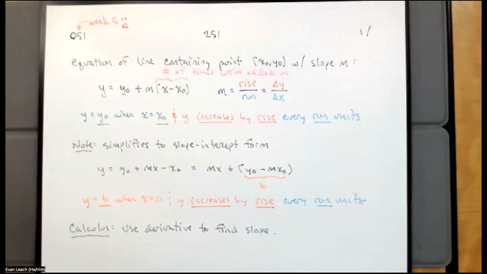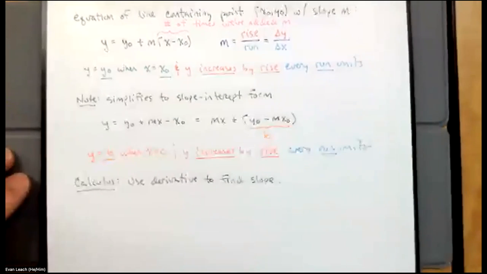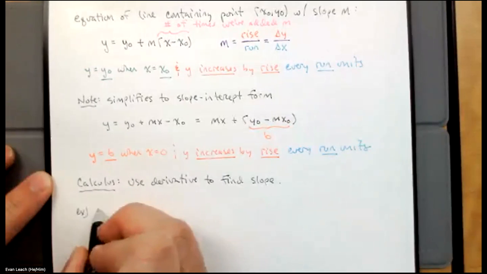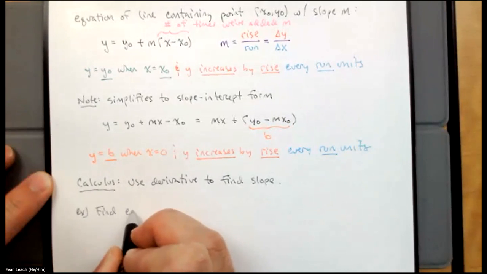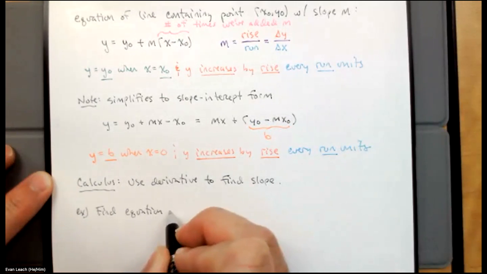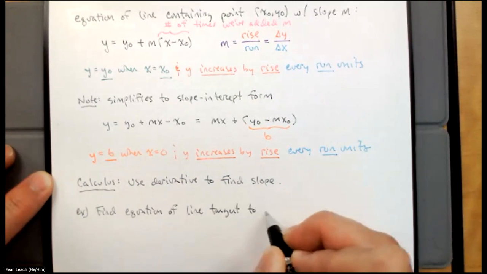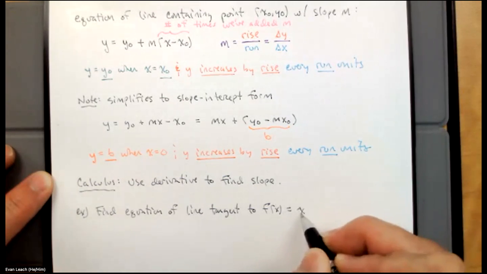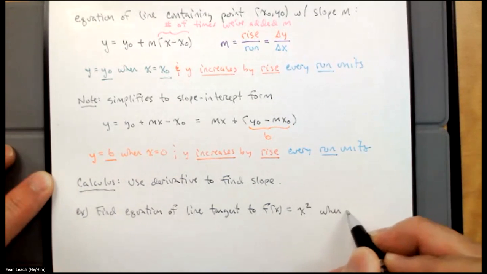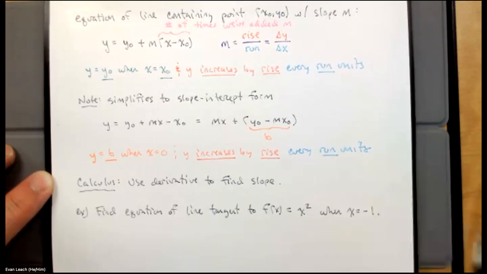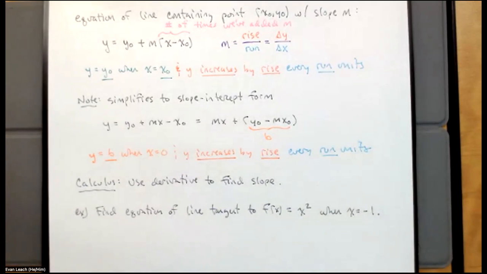Let's do an example. So here's our classic example. y is equal to, f of x is equal to x squared.